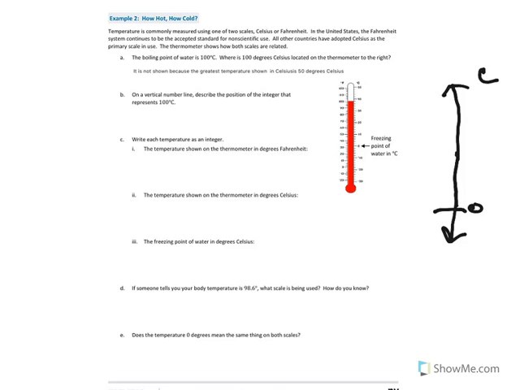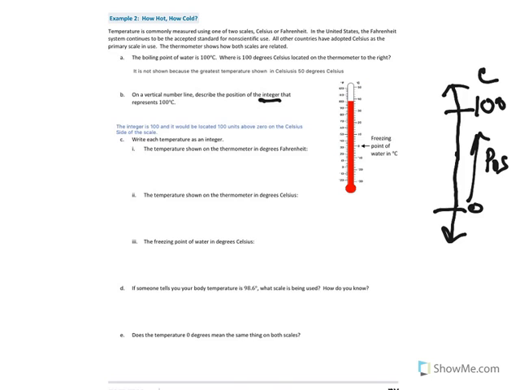Would it be below the 0 or above the 0? So the 100 degrees would have to be somewhere above the 0, going up. And it would be a positive number because we're talking about an integer here.